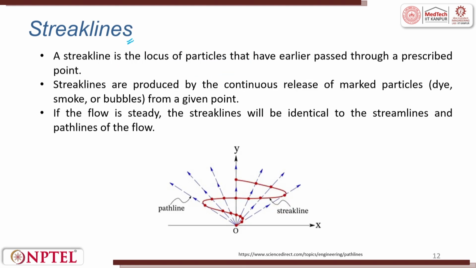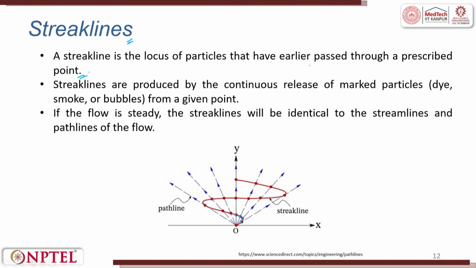Next, let us move to streak lines. A streak line is the locus of a particle that had earlier passed through a prescribed point.